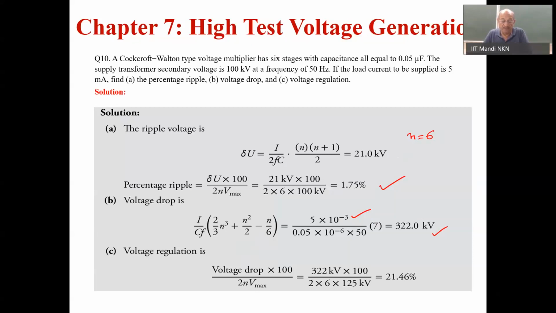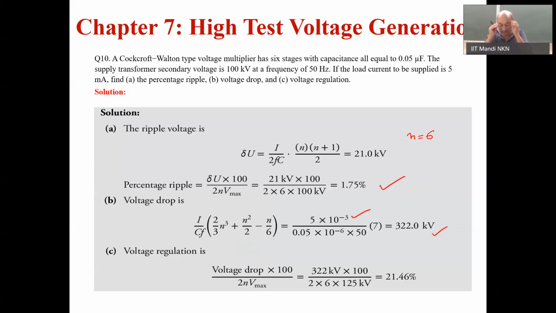And the voltage regulation is given, as I said, by the difference in voltage when there is no current flowing and when there is full current flowing. That works out to be the voltage drop as calculated for the full current, that is 5 milliamperes, isn't it? 5 into 10 to the power of minus 3, 5 milliamperes of current is given here.